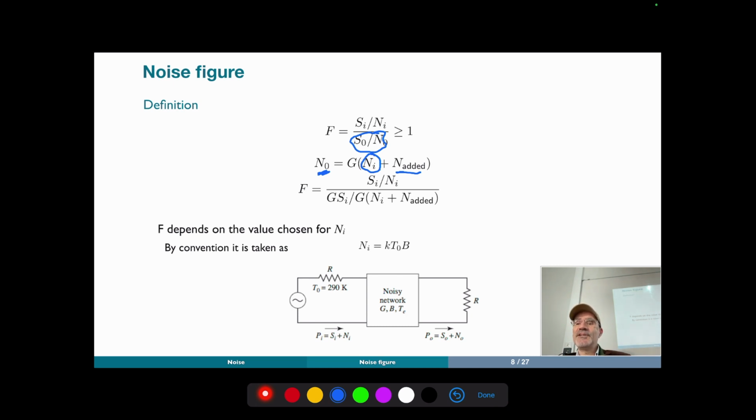The noise figure, as we see on this equation, depends on the value chosen for the noise at the input, and so by convention it is assumed that the noise at the input is obtained at a specific temperature, T sub naught, which is 290 Kelvin by definition.